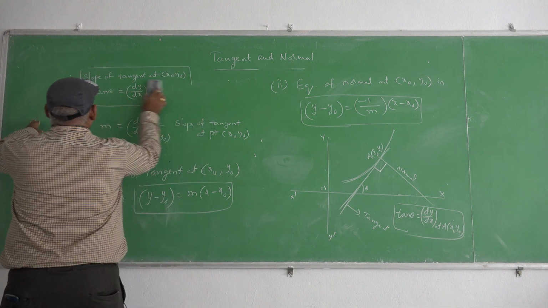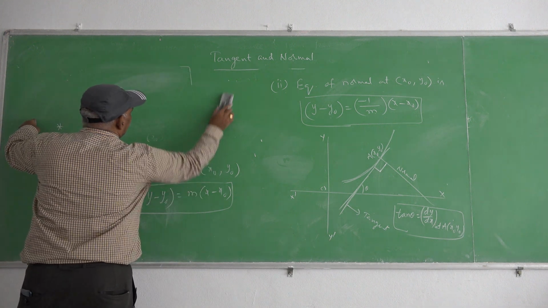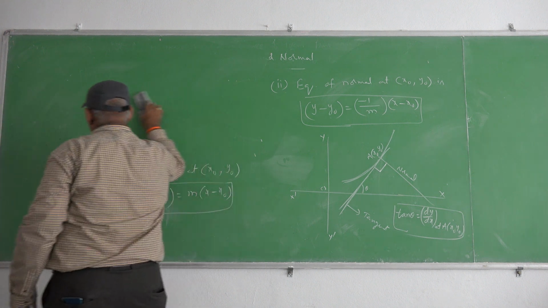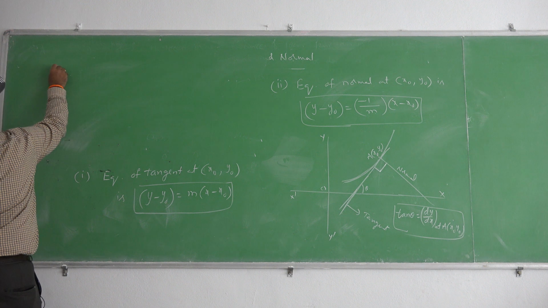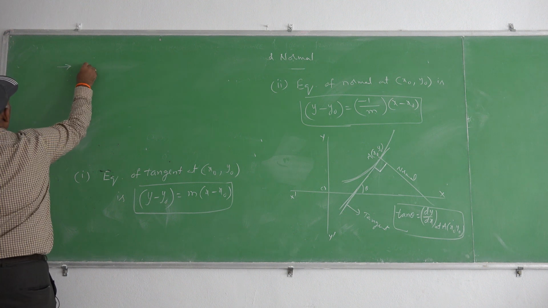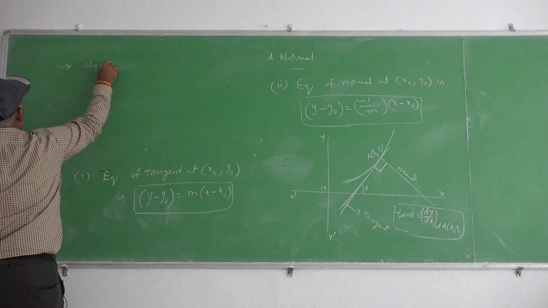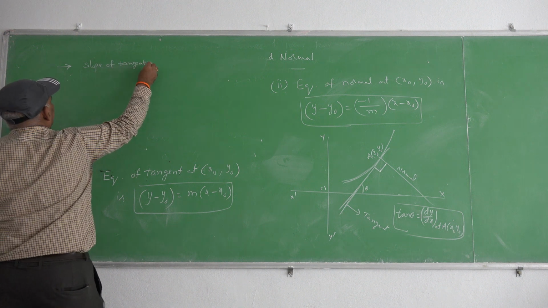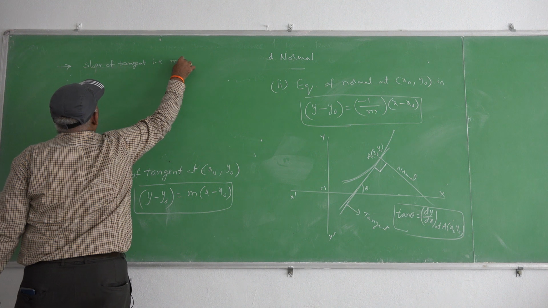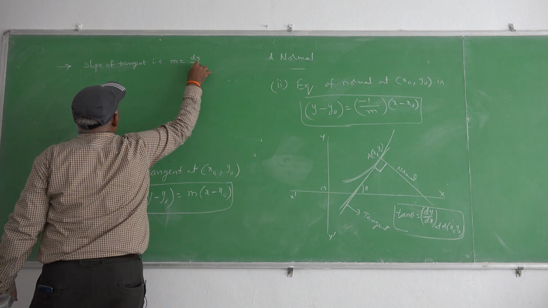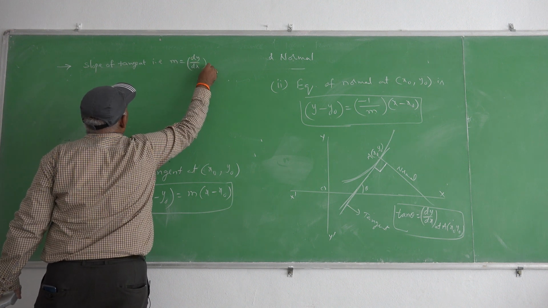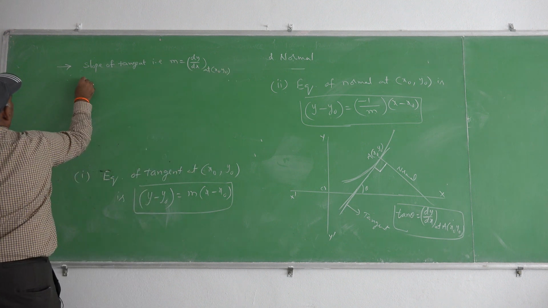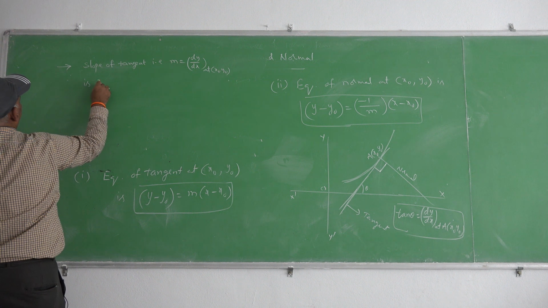Now, if the slope of tangent, that means dy by dx at x naught y naught. Next point. Slope of tangent, that is m equal to dy by dx at point x naught y naught, is 0.